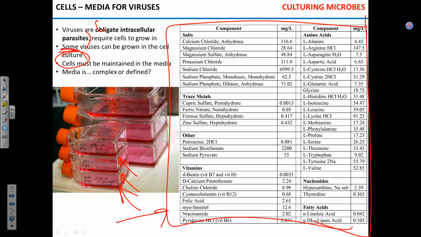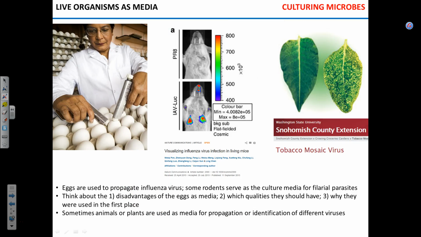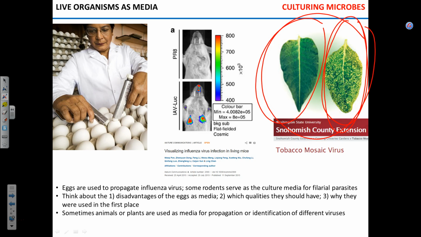You don't know the chemical composition of them, right? You can also grow microbes in live organisms, like eggs, or animals, or even plants. You can see tobacco mosaic virus here compared to the normal leaf of a tobacco plant.